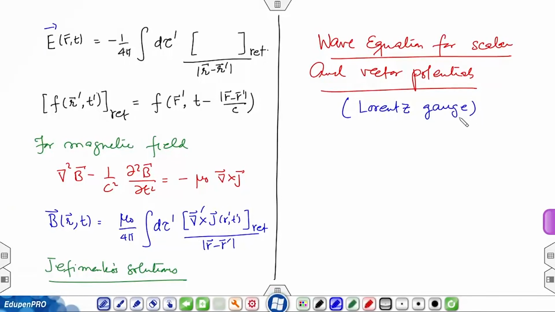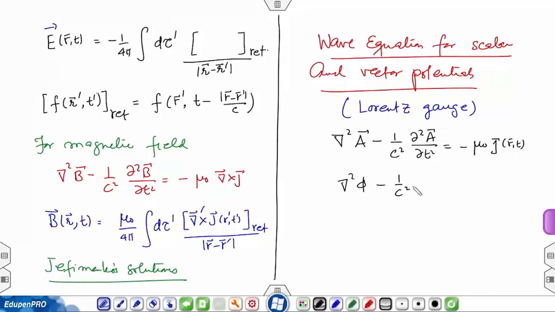Recall that the equation for the vector potential is del square A minus 1 over c square d 2 A by d t square equals minus mu naught j(r, t), and del square phi minus 1 over c square d 2 phi over d t square equals minus rho(r, t) over epsilon 0.